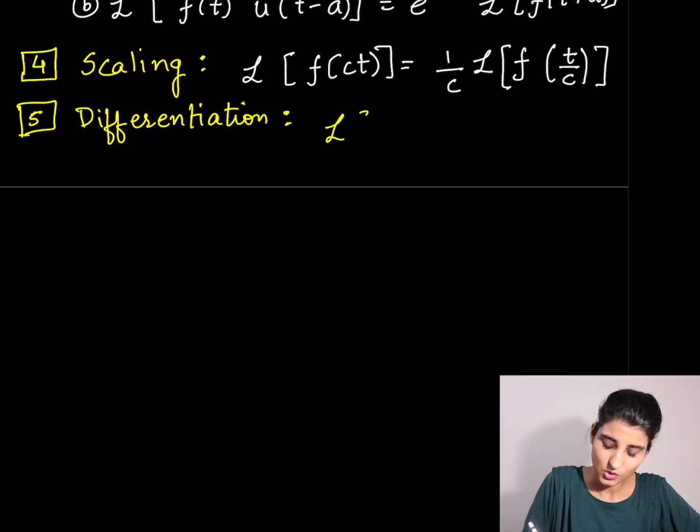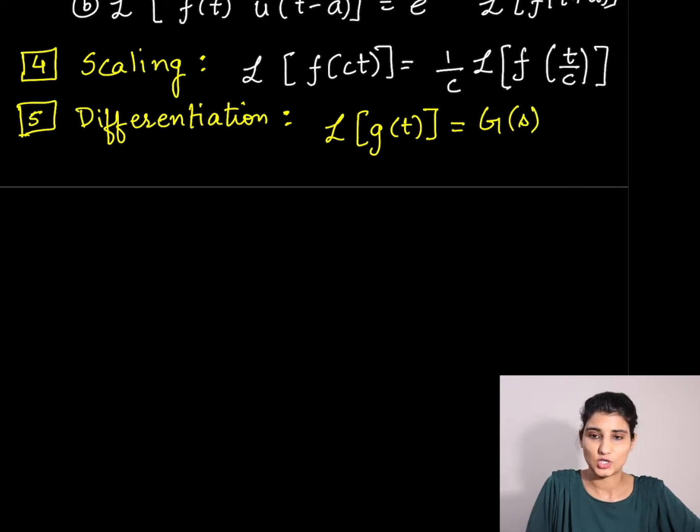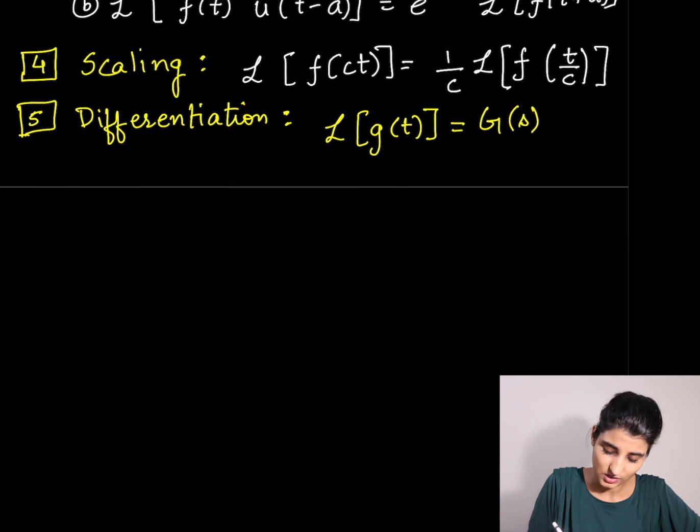By small g(t), the Laplace of small g(t), we are going to denote it by capital G(s). And let's make a table over here to have everything in one place.